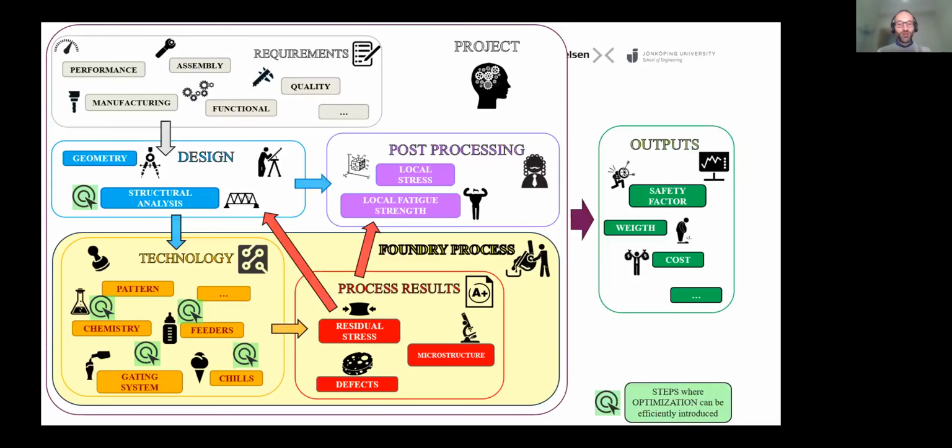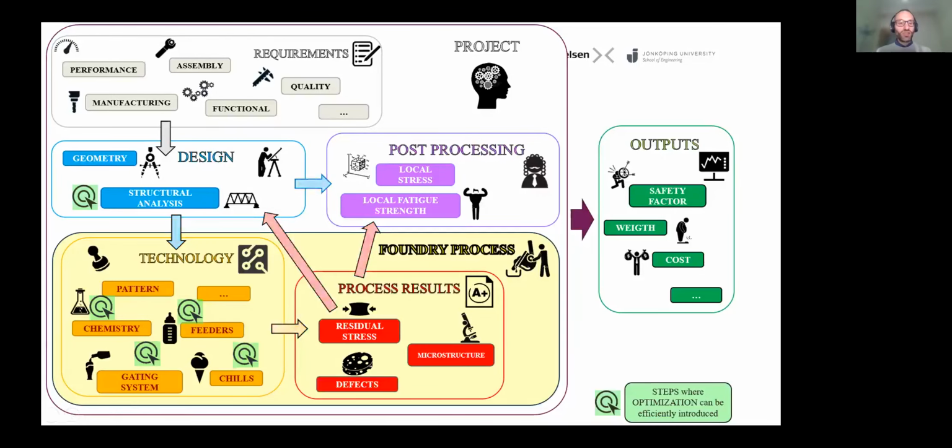Then at the end of the simulation, or the technology development of the casting, the output of the foundry are the defects, or better, an idea where they could be located, the microstructure, and also the mechanical properties, because there is a strict link between microstructure and mechanical properties, and the residual stress.